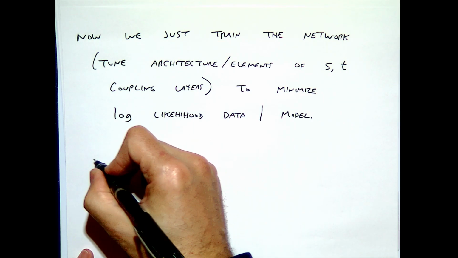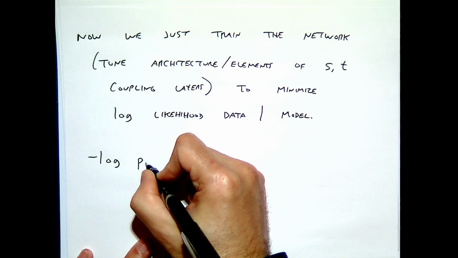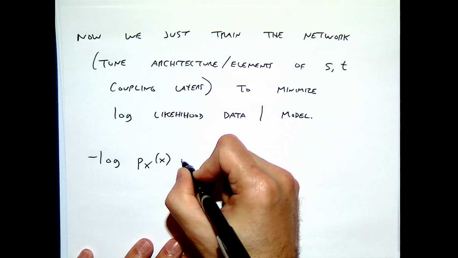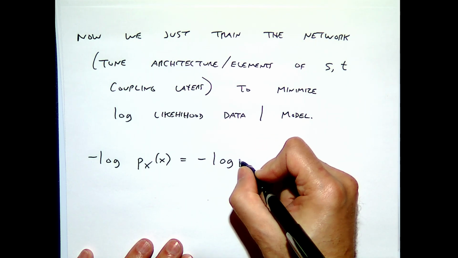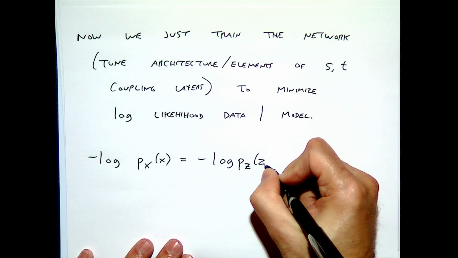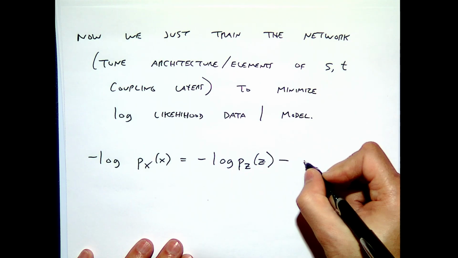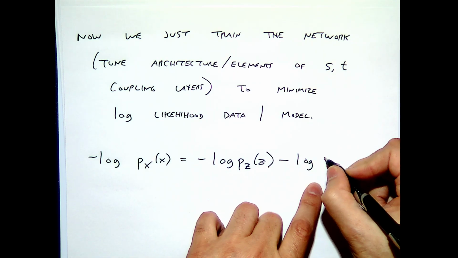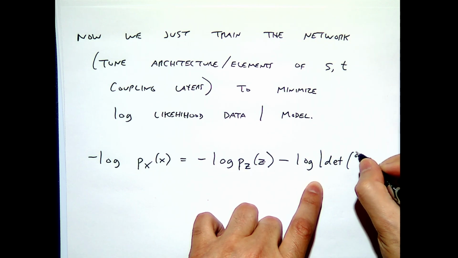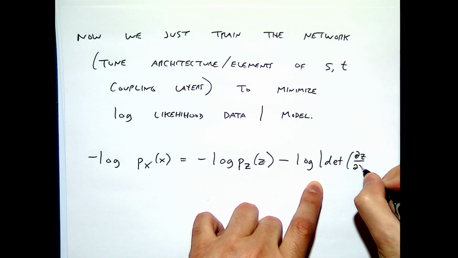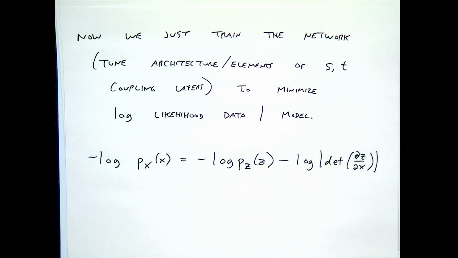So I want to minimize this log likelihood, which is related to the PDF of Z, which I know because I am specifying it, minus the log of the Jacobian, which is just the determinant of this thing, easy to compute by the way that I set it up.